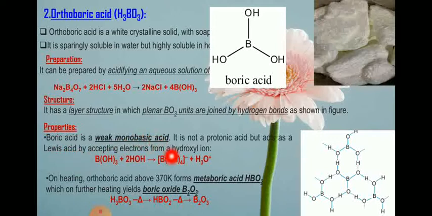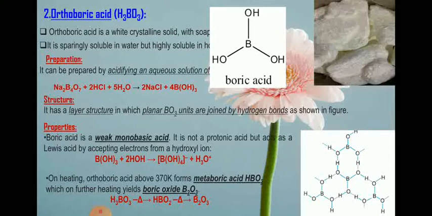It accepts one pair of electrons. Hence, it acts like a Lewis acid, and it's a weak monobasic acid. And this equation B(OH)3 plus 2H2O suggests that this orthoboric acid B(OH)3 is a Lewis acid because it accepts a pair of electrons from water molecule.